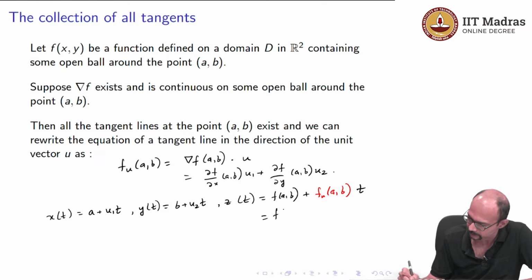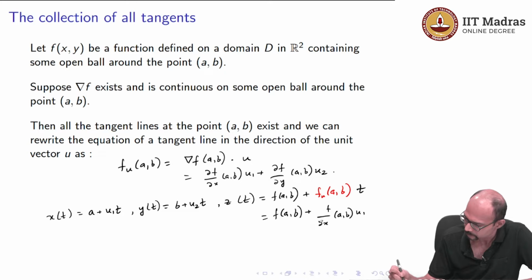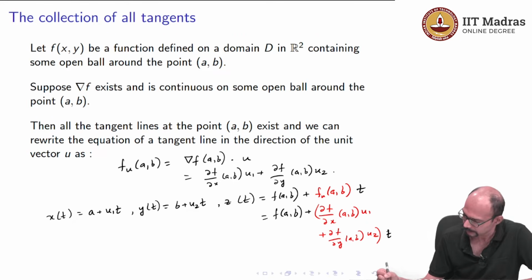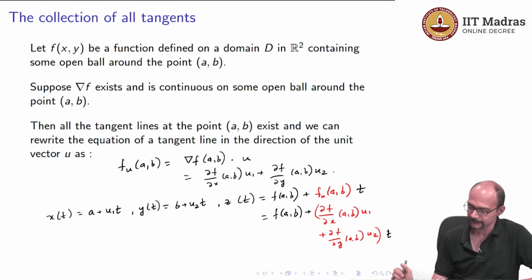So, what I get is f of (a, b) plus del f del x at (a, b) times u1 plus del f del y at (a, b) times u2, the whole thing times t. This is how the new equation looks.